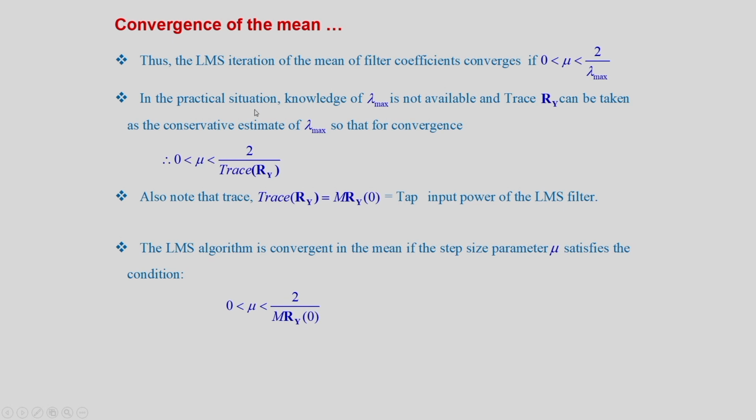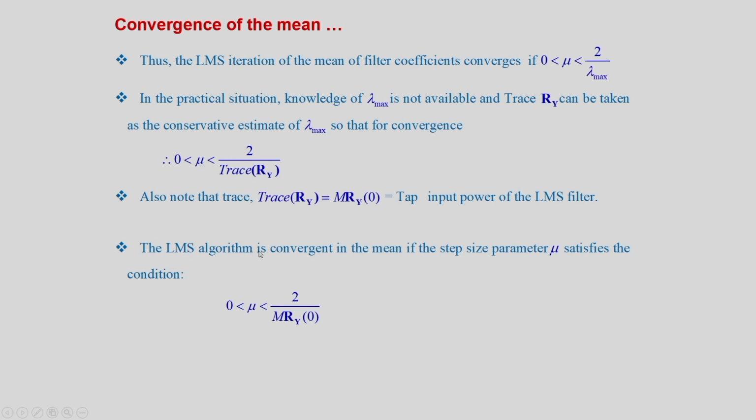In practical situations, knowledge of lambda max is not available or it is difficult to obtain. Therefore, we can consider trace of Ry instead of lambda max, like in the SDA method. Therefore, the condition for convergence is mu should lie between 0 and 2 by trace of Ry, and trace of Ry is equal to m times Ry 0, that is the tap input power of the LMS filter.